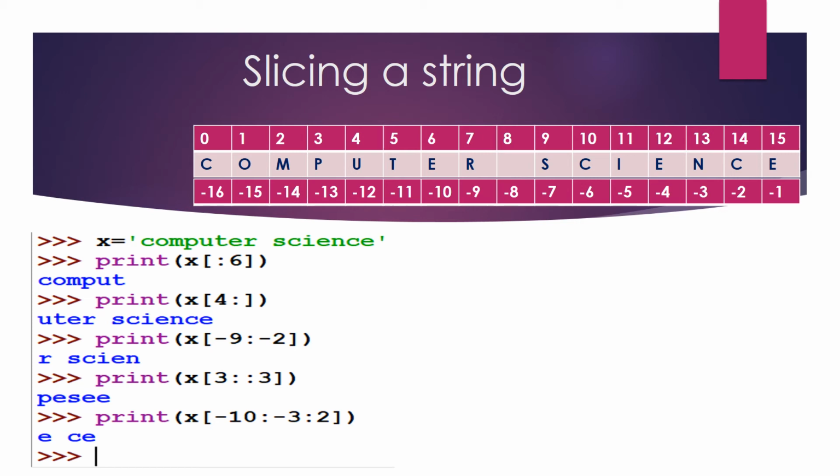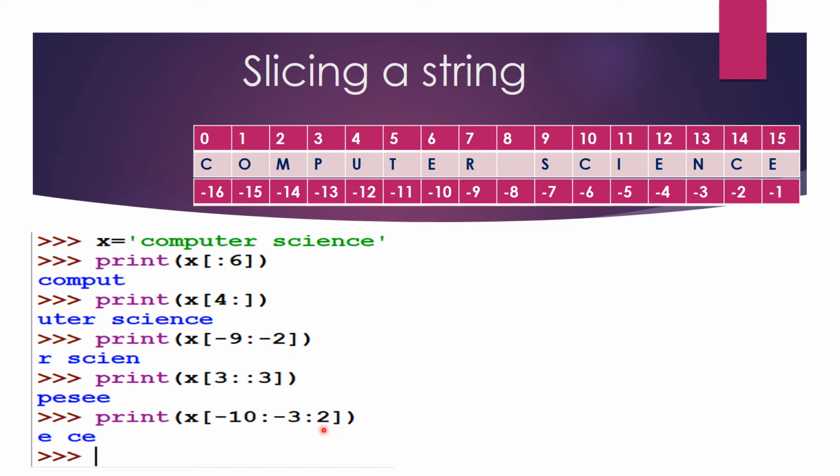The next letter will be E, and again 1, 2, 3. Again S, 1, 2, 3. Next E, and last again 1, 2, 3. So the output will be PESEE.